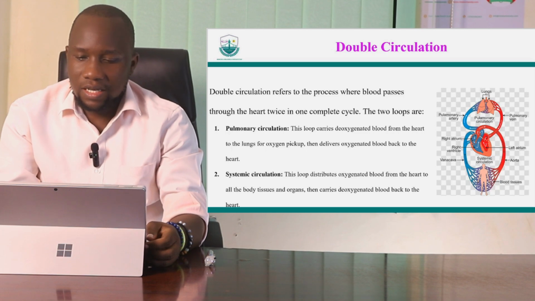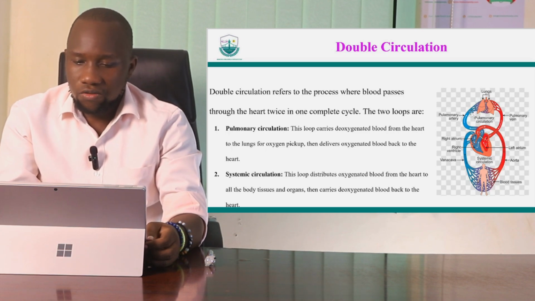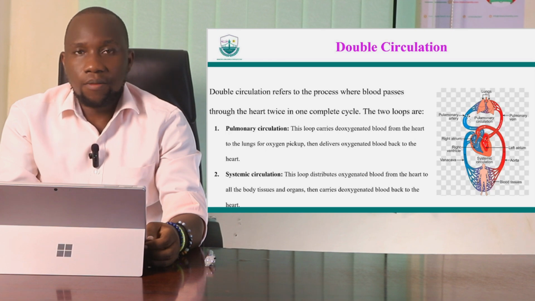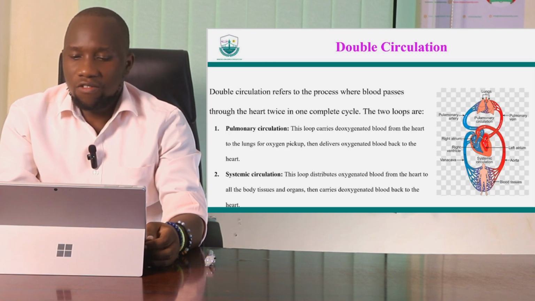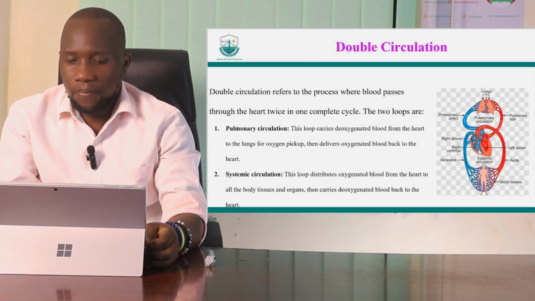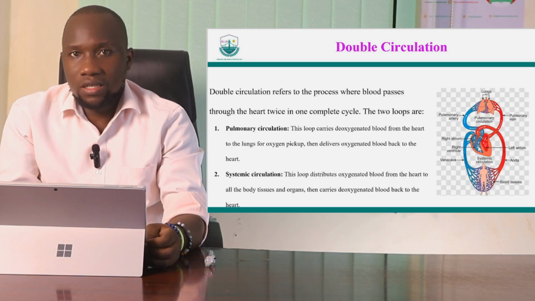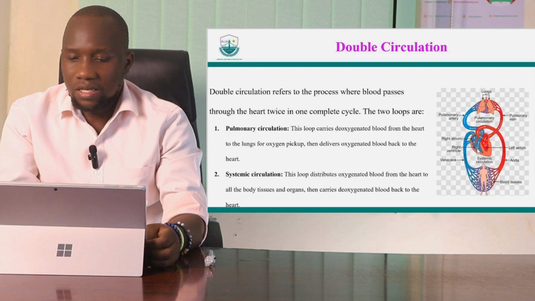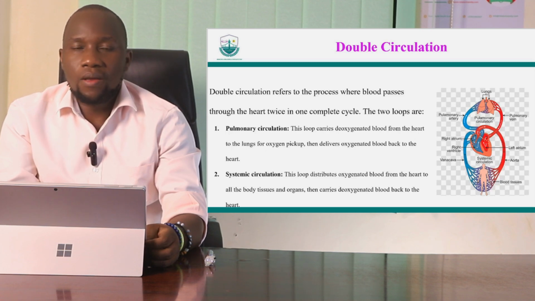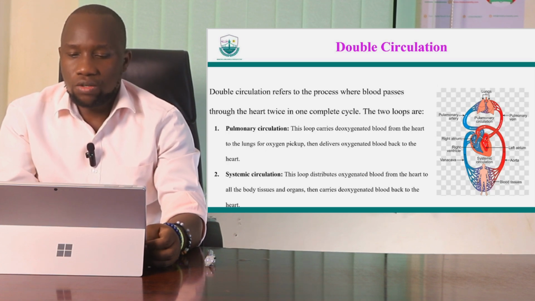The first is that the blood that comes from the superior and the inferior vena cava fills up the right atrium, and then when the right atrium contracts, it pushes that blood to the right ventricle, and then when the right ventricle contracts, that blood is pushed through the pulmonary artery to go to the lungs for oxygenation.